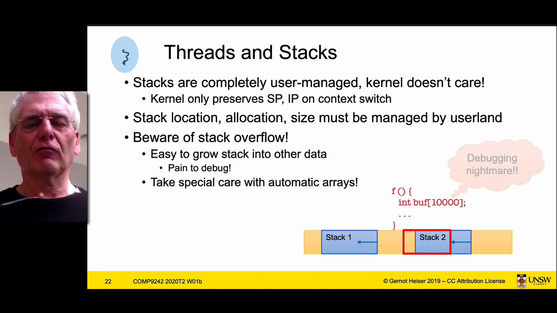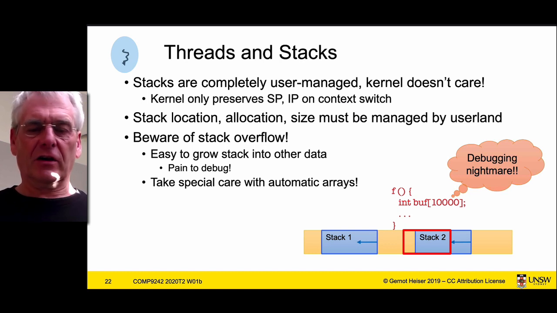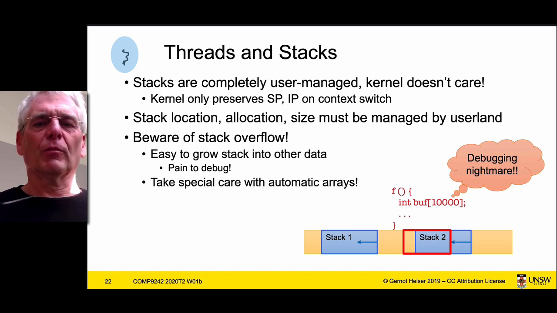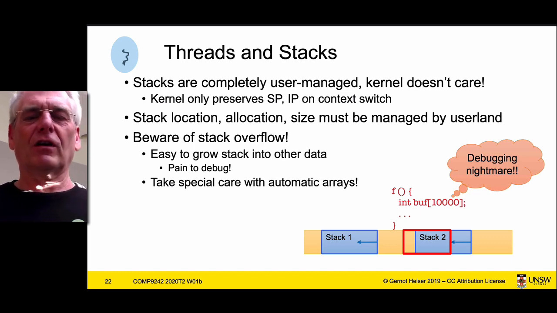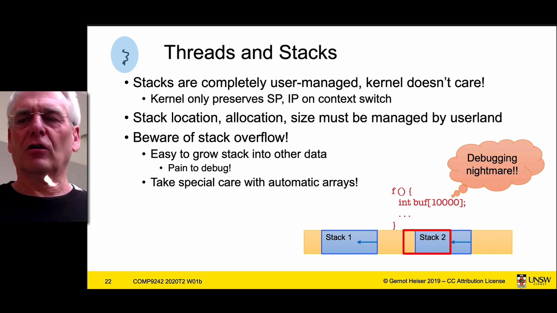And the inevitable effect is that this is going to overrun your allocated stack frame, and override other data structures. If you do that, you'll have fun debugging, because you get really funny effects where suddenly variables that don't belong to the thread suddenly change magically. If you have something like that, look exactly at what you're doing with stacks. You might have a stack overflow problem.